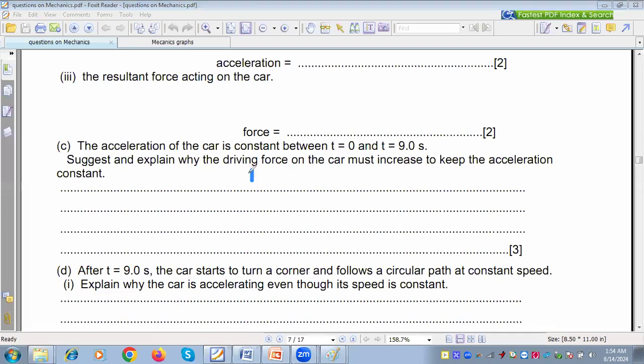Air resistance. One mark will be for this. Since the car is accelerating, it means speed is increasing. Air resistance increases with speed.